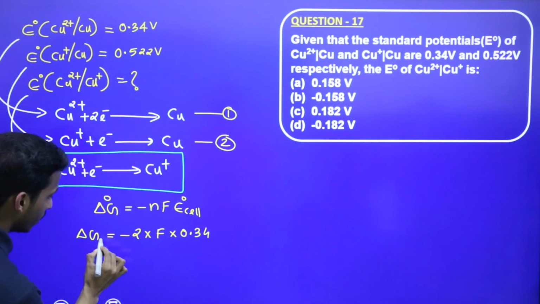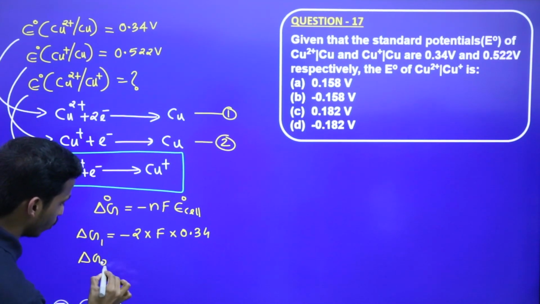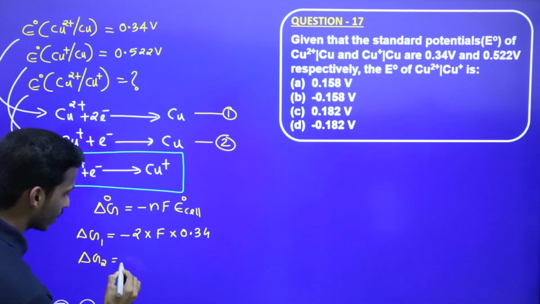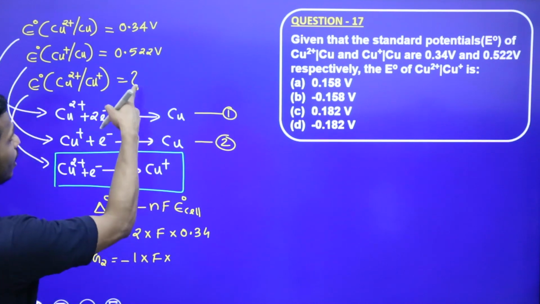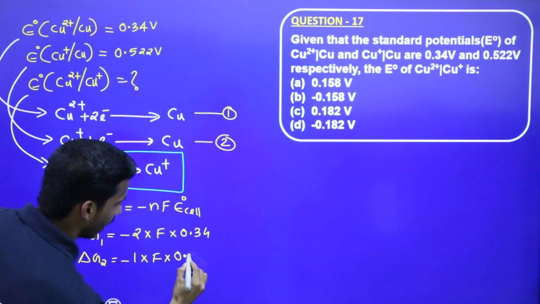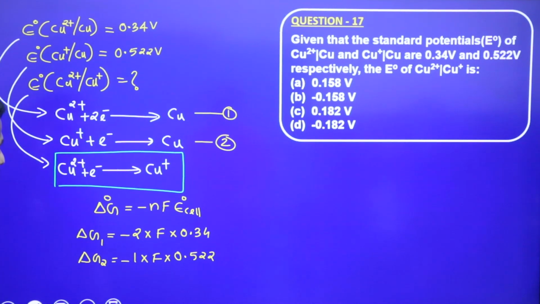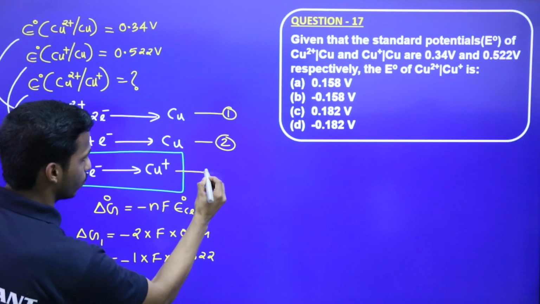Let me call this delta G1. Let me take delta G2 for the second equation. How many electrons are transferring? 1 electron. So minus 1 into F into the E0 value for the second one, 0.522 volt.